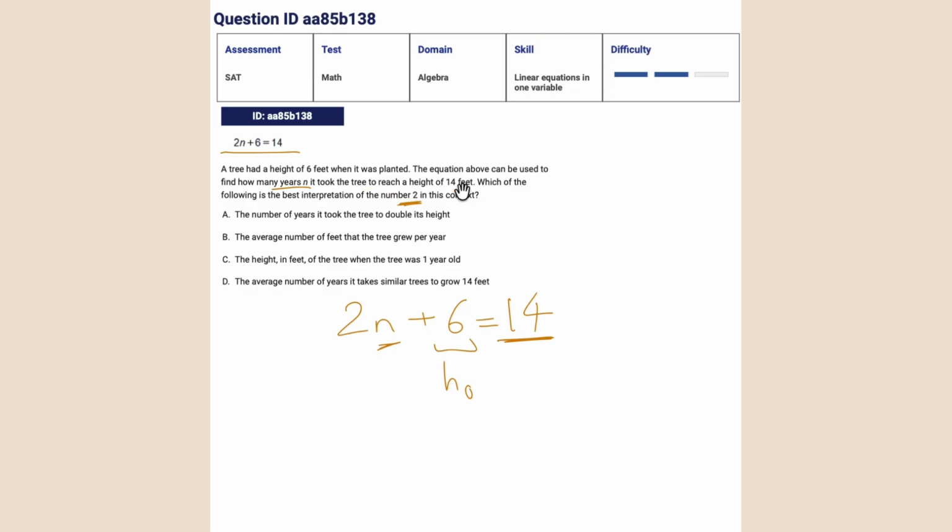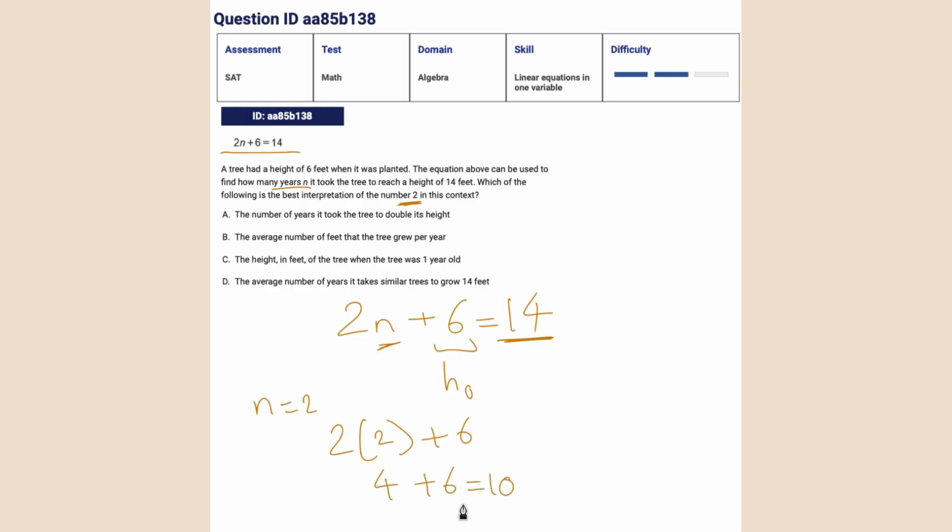So logically, if for example I take n equals 2, it has been 2 years since the tree was planted. So I would do 2 times 2 plus 6. 2 times 2 is 4, and 4 plus 6 equals 10.